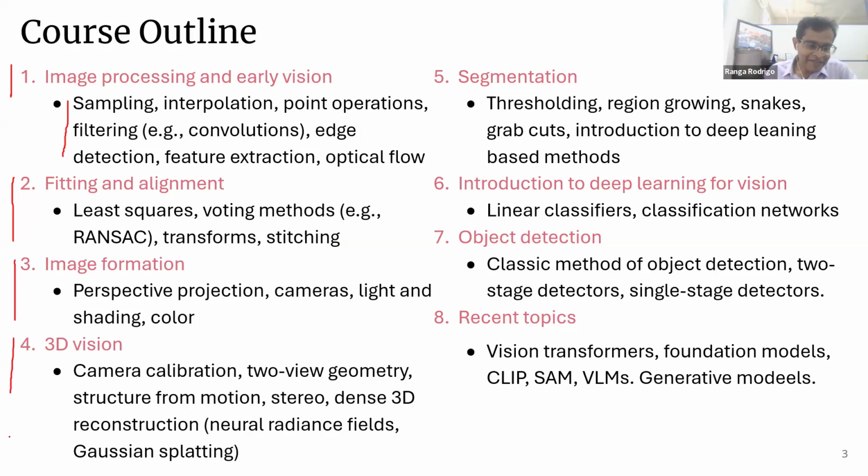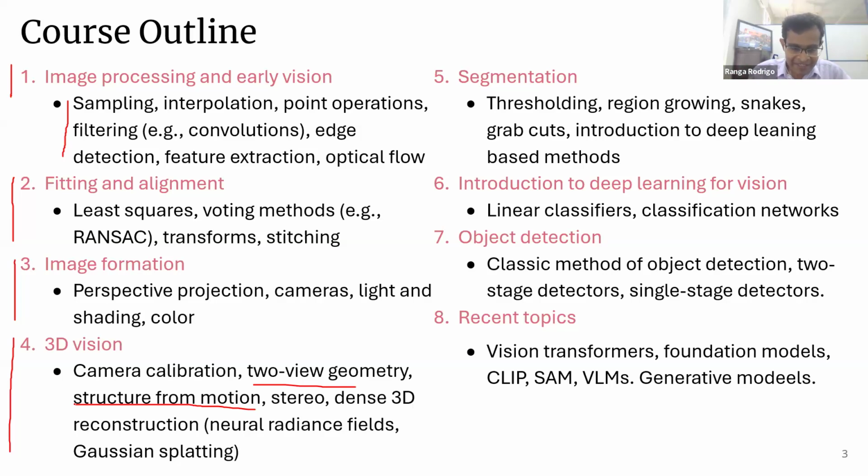Then we start the 3D vision part, where we think about how two cameras image one object that is seen by both cameras. And we'll be able to make relationships between these two views. So this two-view geometry is called epipolar geometry. We will study that part. And that leads to so-called structure from motion, where you can use multiple views of a scene to make a 3D reconstruction.